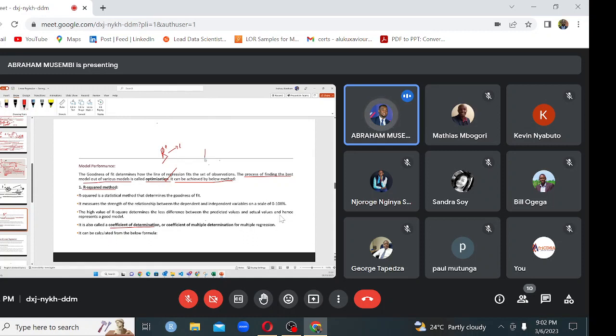We shall also meet another value called adjusted R squared, but we will deal with that when we are doing the practicals. Tomorrow we are going to do the practicals on regression analysis, because today we are going to cover the theoretical part.